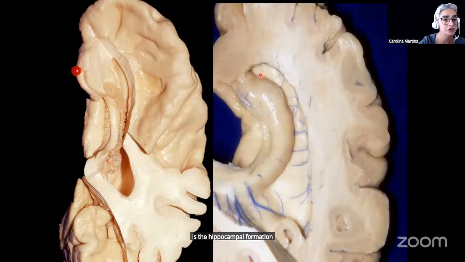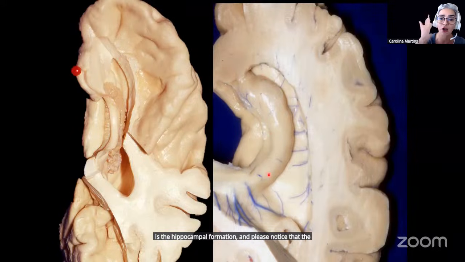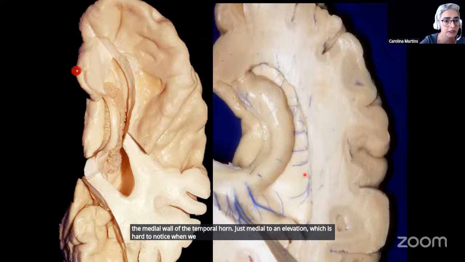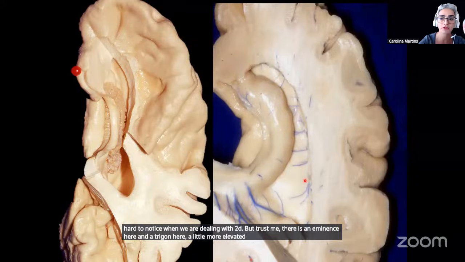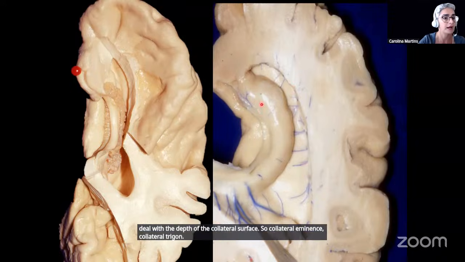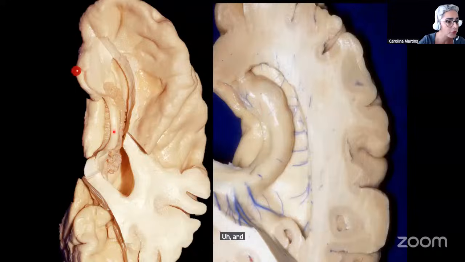And please notice that the hippocampus goes along the medial wall of the temporal horn, just medial to an elevation, which is hard to notice when we are dealing with 2D, but trust me, there is an eminence here and a trigone here, a little more elevated, because they have to deal with the depth of the collateral sulcus. So collateral eminence, collateral trigone.